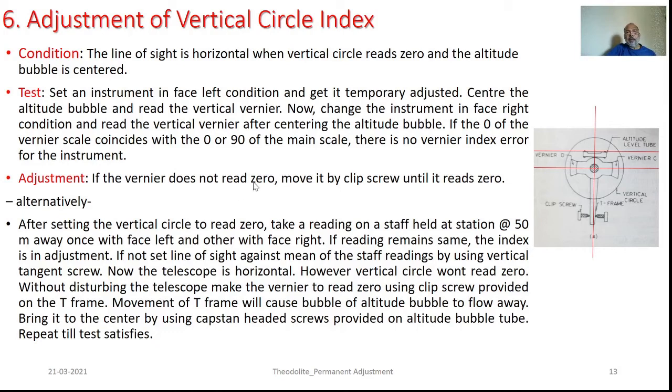Alternatively, after setting the vertical circle to read 0, we can take a reading on a staff held about 50 meters away, once with face left and next with face right. If the reading remains the same, the equipment is in adjustment and hence there is no need of adjustment.